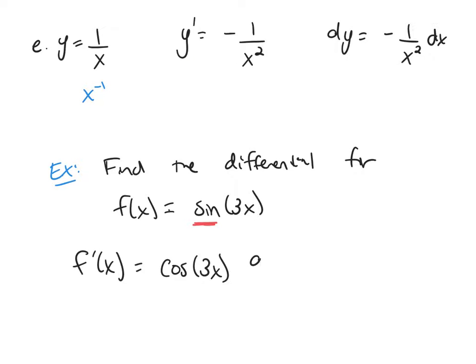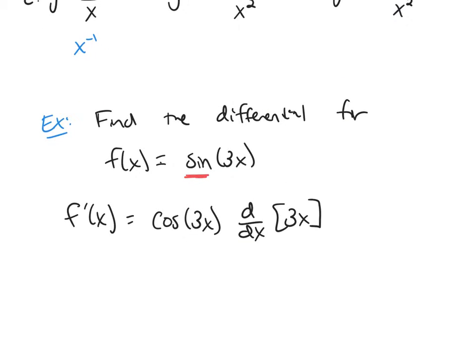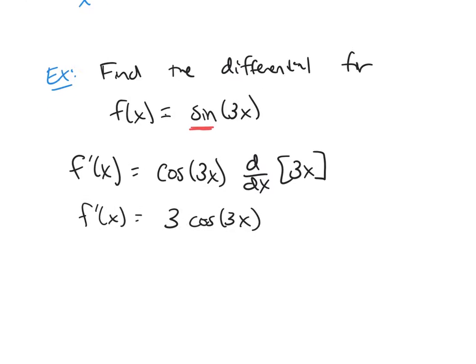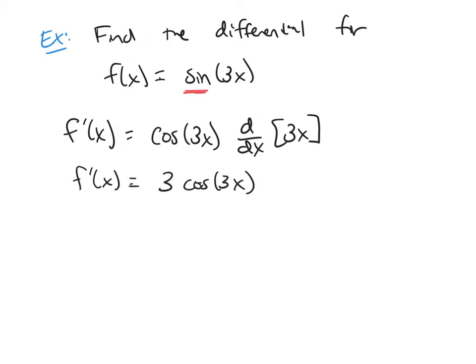And then the chain rule says you have to multiply by the derivative inside. The derivative of 3x is 3. So f prime of x will be 3 cosine of 3x. So then your differential dy would be 3 cosine 3x dx.